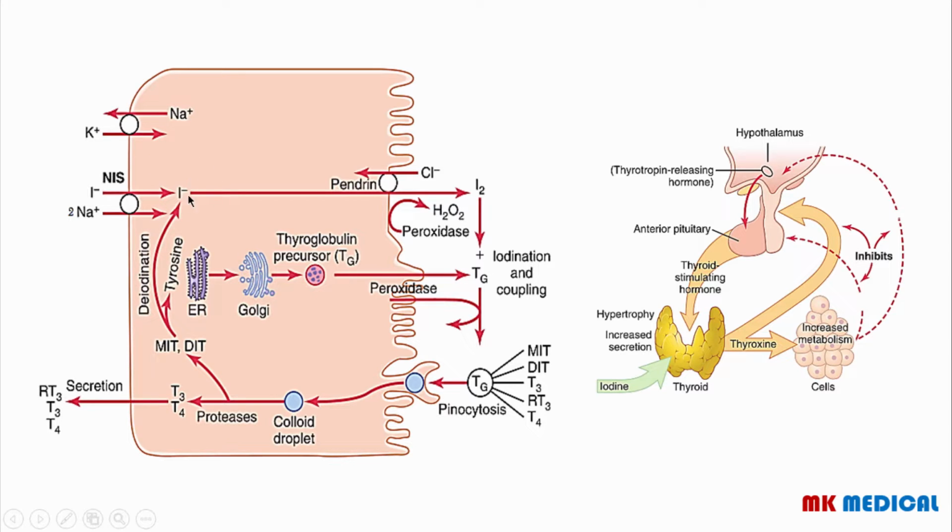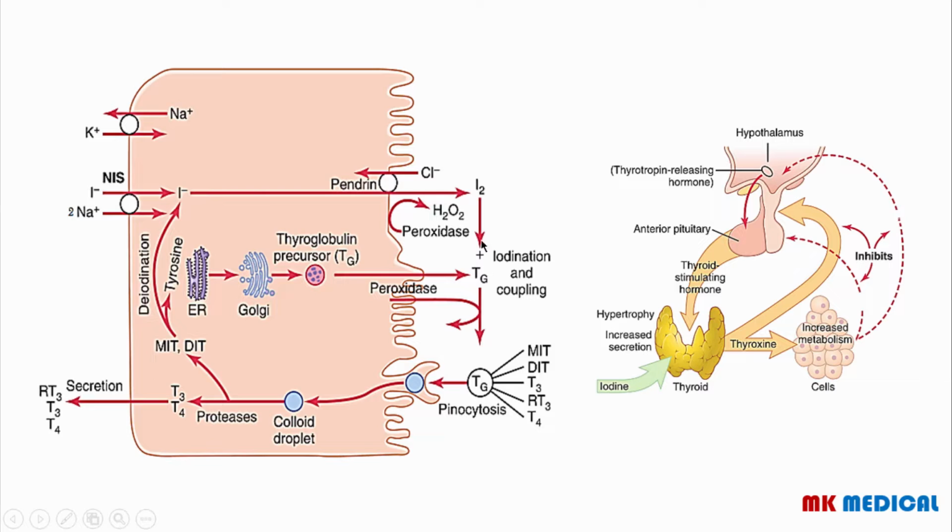Then this iodide is taken out into the colloid via an exchanger that is referred to as pendrin. You take in a chloride ion in exchange for an iodide ion. Then now within this colloid, you have an enzyme that's known as thyroid peroxidase. So the next step is oxidation of iodide to iodine. So remember that oxidation is the loss of electrons.